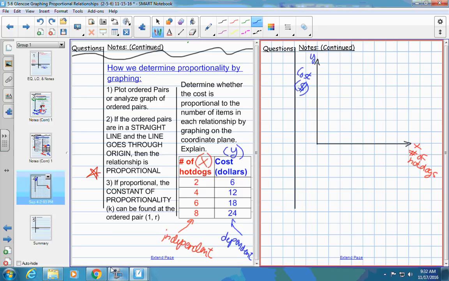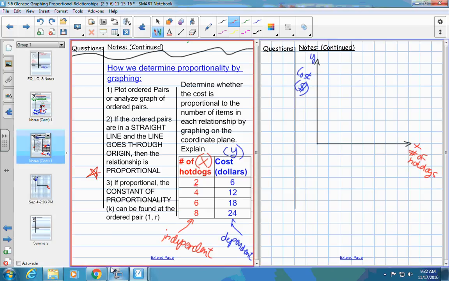Now we have to think about the interval. An interval is the number we should count by on each axis. When I look in the number of hot dogs column, I notice that each of these numbers counts by 2. So it may not be a bad idea for me to count by 2 on my x-axis as well.